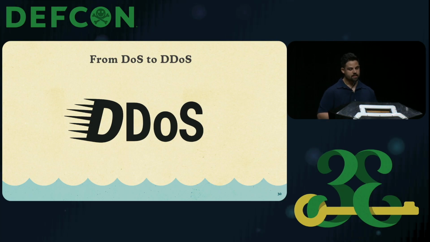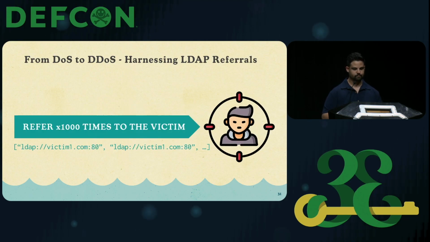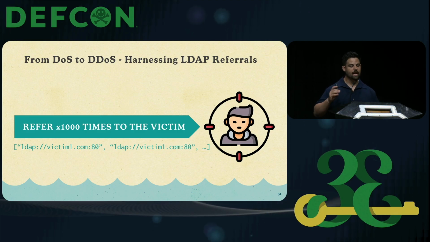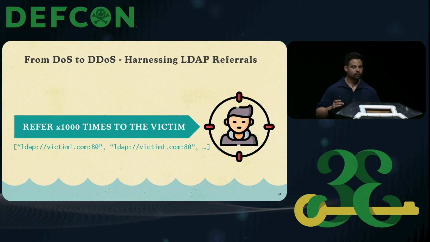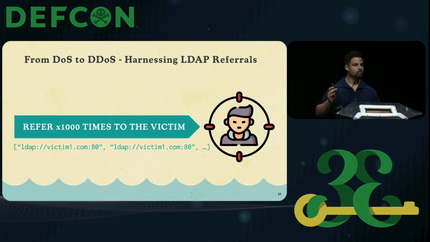It could be that we can harness their resources for a distributed denial of service. What if, instead of returning an invalid value in the LDAP referral response, we'll return a completely valid one with referrals that point towards a DDoS victim? Then, maybe we'll be able to trigger any domain controller that we want to be a bot in a DDoS botnet attack.